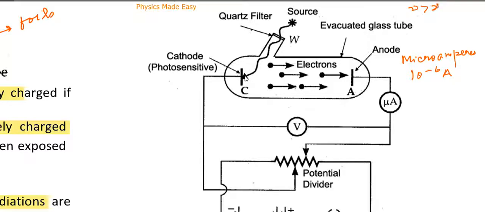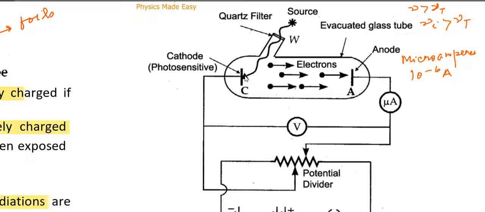I have already explained the concept of threshold frequency; I will write it as nu t. So if the frequency of the incident radiation, nu I, is more than nu threshold, then electrons will be emitted.